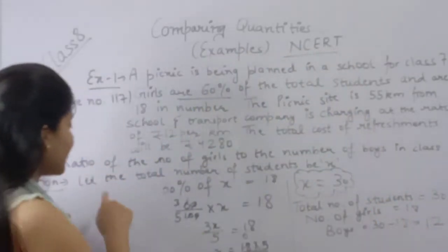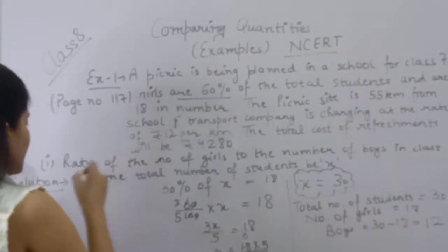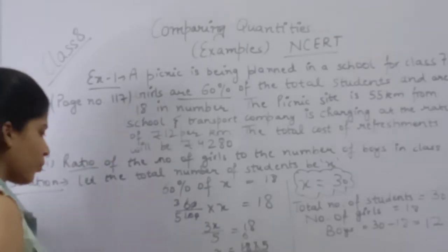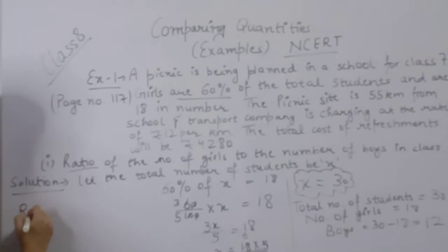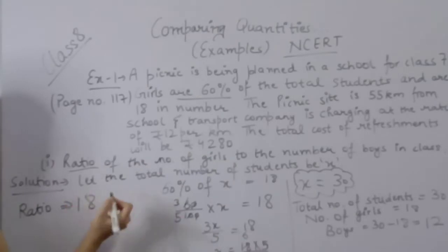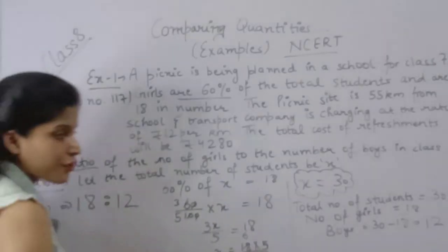Now we have to find the ratio of the number of girls to the number of boys. So ratio equals, first we have number of girls which are 18 in number, and then we have number of boys which are 12 in number. So 18 is to 12.